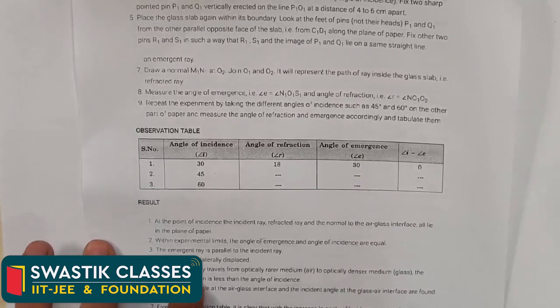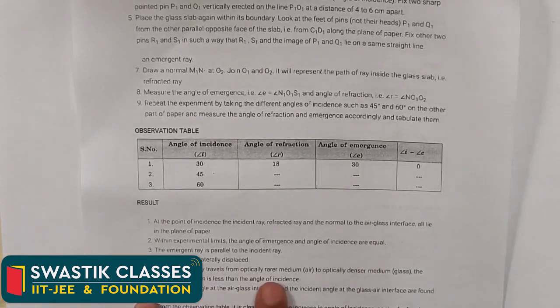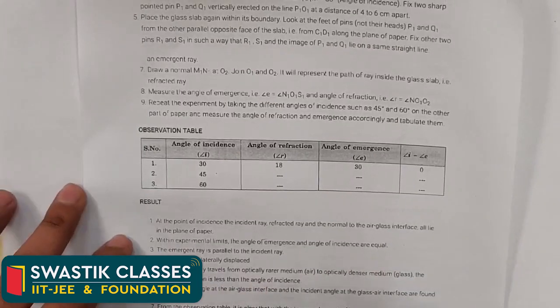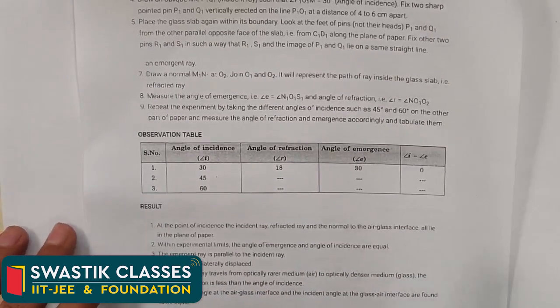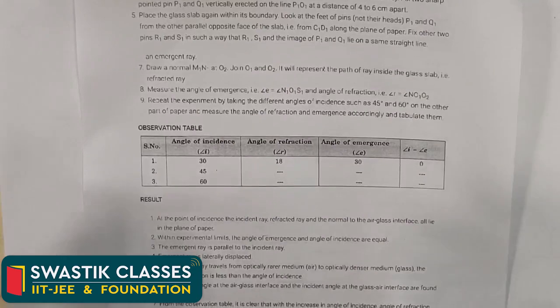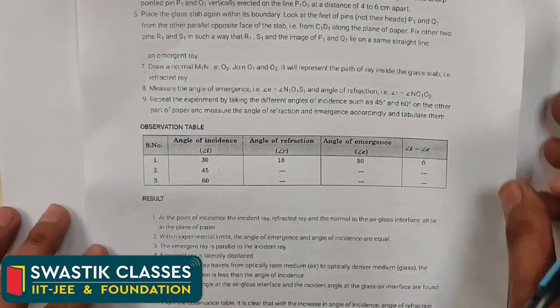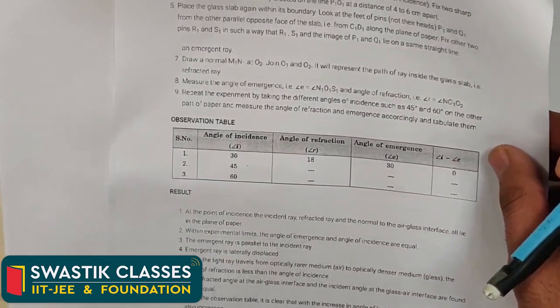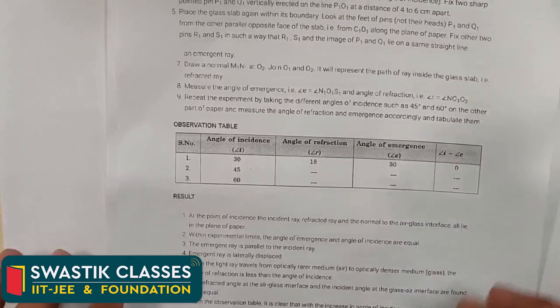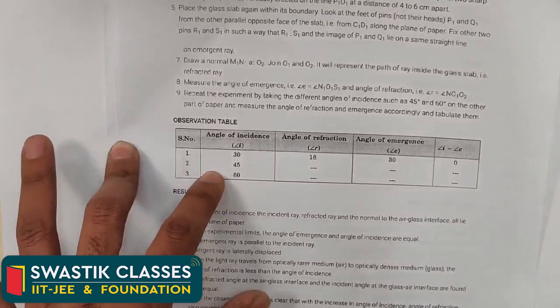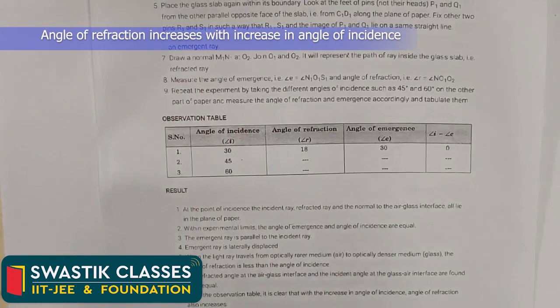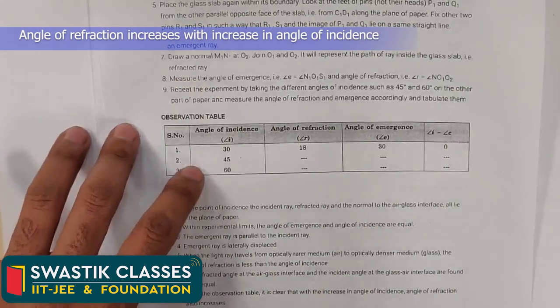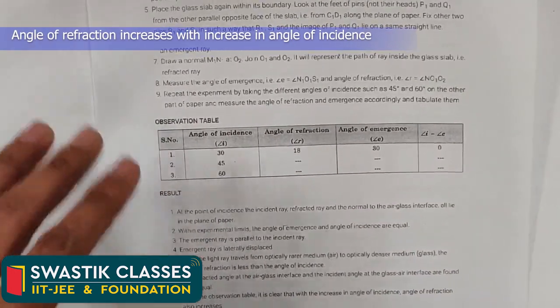Also we are seeing that the emergent ray is laterally displaced. You'll also observe that as you increase the angle of incidence, the angle of refraction will also increase. So if you plot for 45 degrees and 60 degrees, you will see that the angle of refraction also increases.